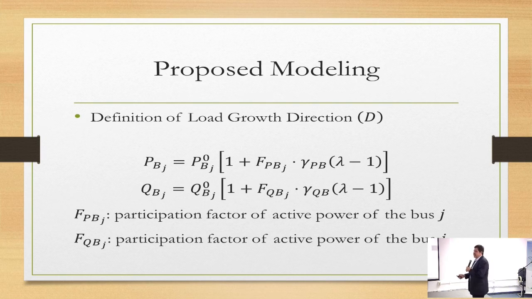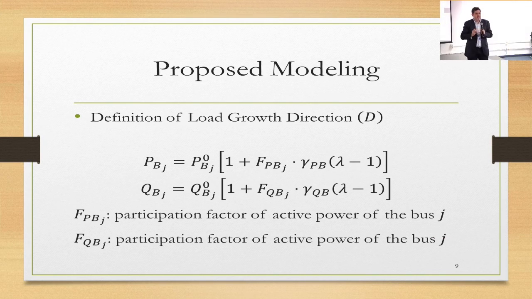So this is basically a very simple idea of splitting the system into several areas and making the computation, to diminish the computational burden. Then the areas will be represented by their respective participation factors.